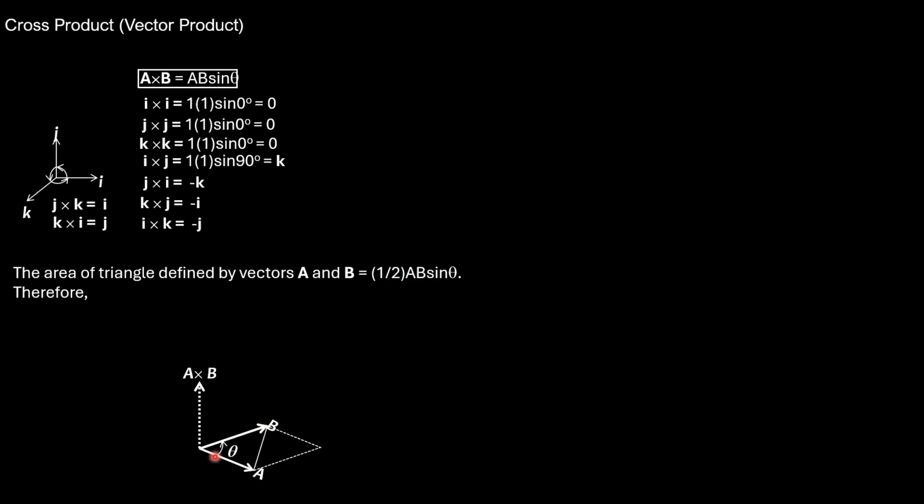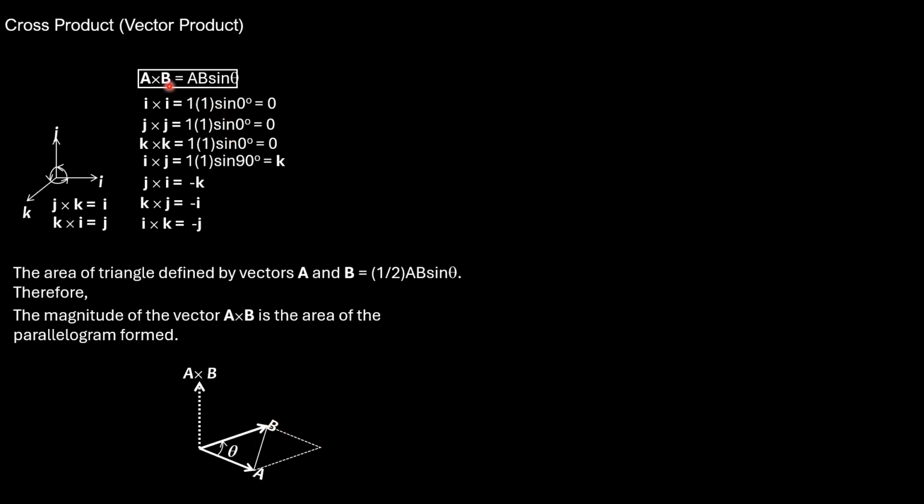Therefore, the area of the parallelogram, which is this, is 2 times the area of this triangle. So the area of the parallelogram, therefore, we double that, is AB sine theta. So the magnitude of A cross B is interpreted as the area of the parallelogram.